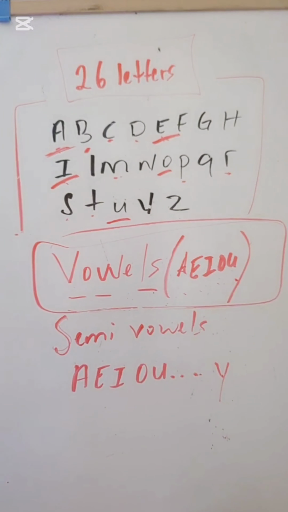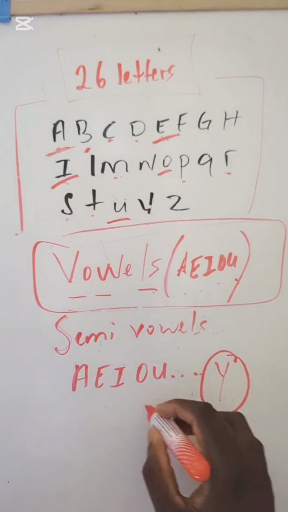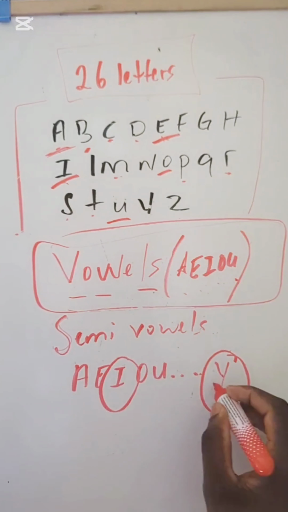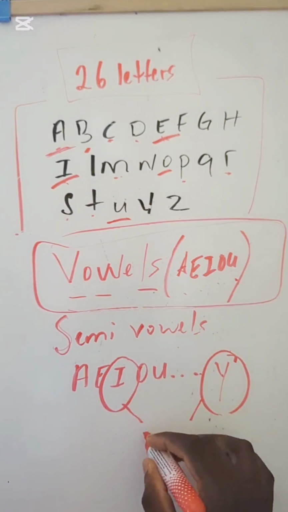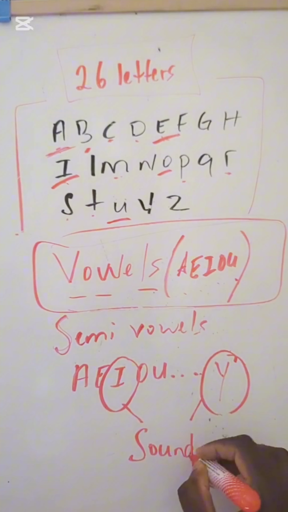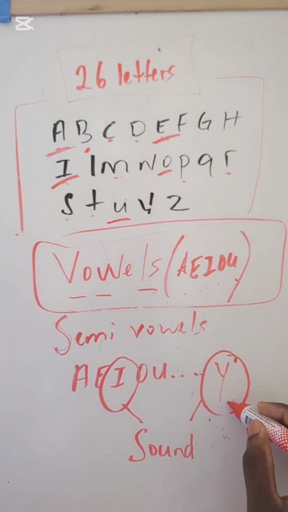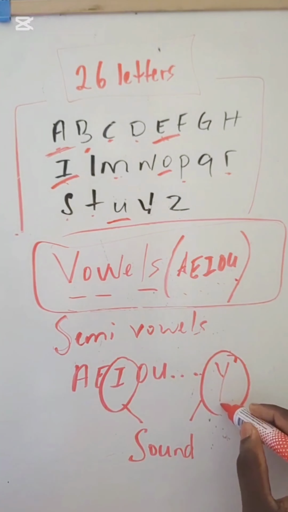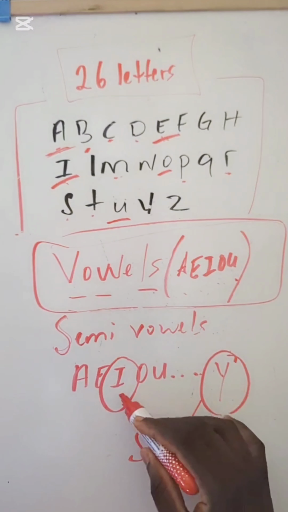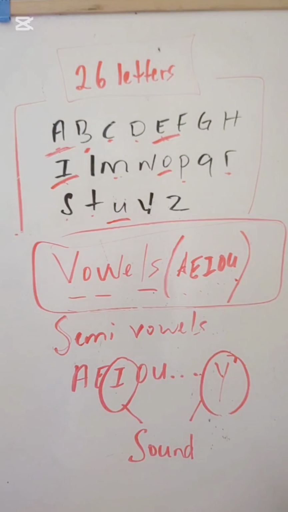But one of the reasons why Y becomes a vowel is because whenever you make the sound for Y, it sounds very close to one of the sounds of this letter.